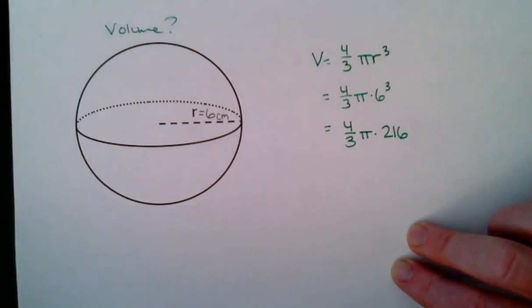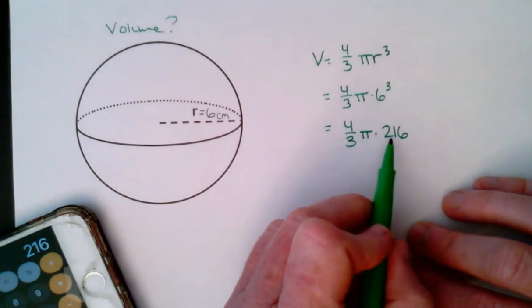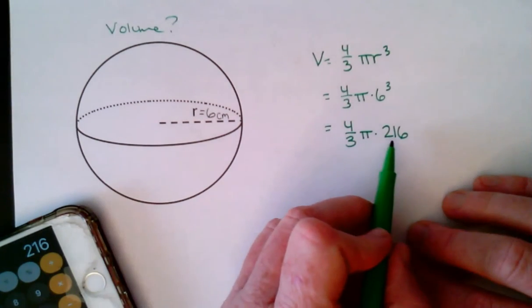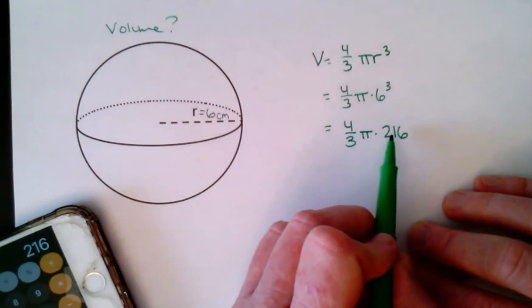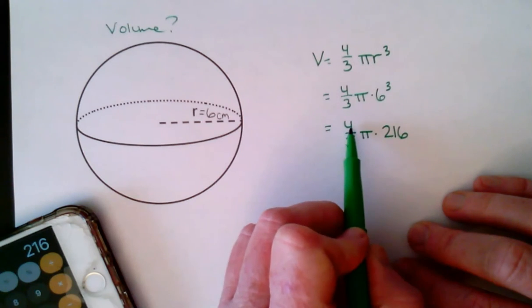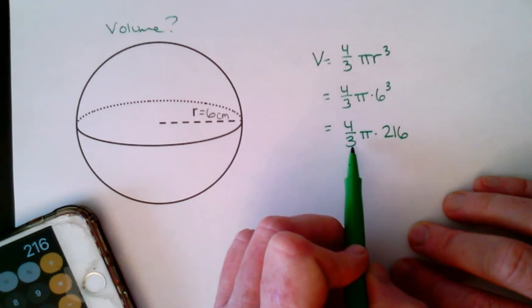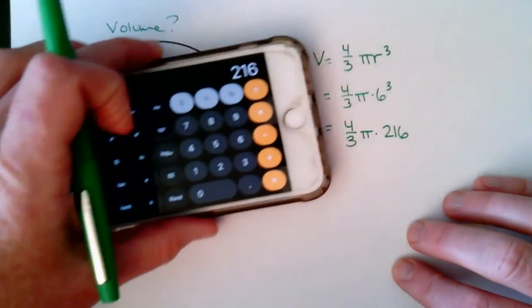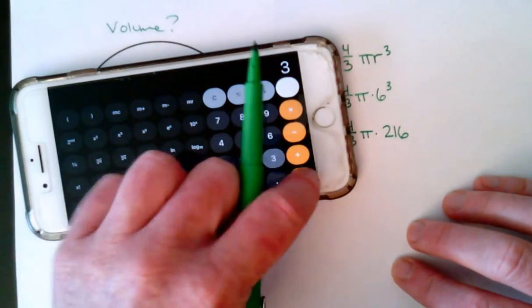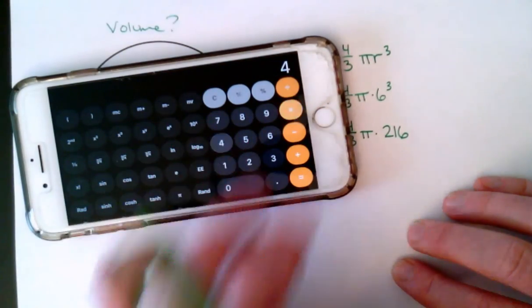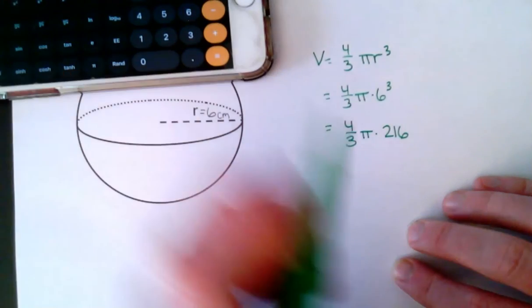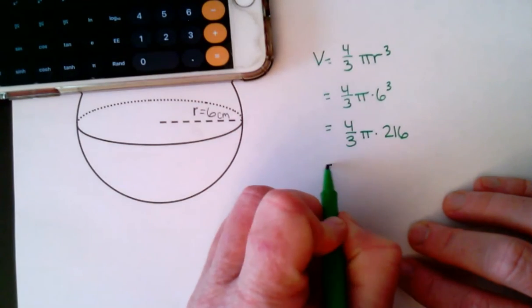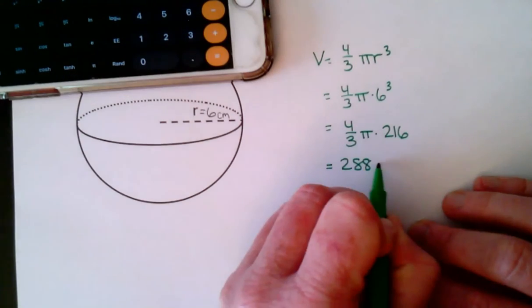I'll give you a hint here. This is a good hint. It makes life easier with math. So instead of doing 216 times 4 divided by 3, I do 216 divided by 3, then I multiply by 4, just because I think it's a little easier. So 216 divided by 3, multiply by 4, and I get 288 times pi.